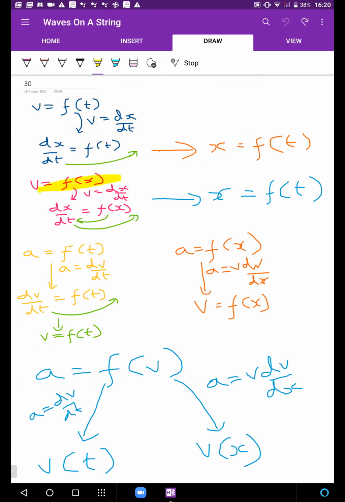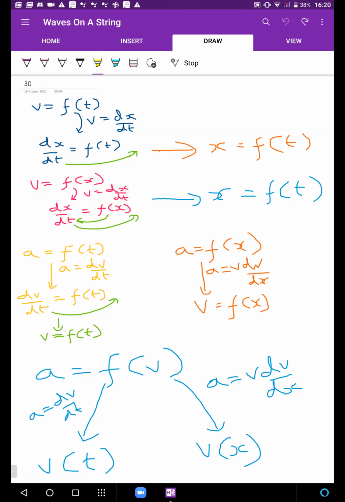Velocity is a function of x. You have to use again v is dx by dt, and you get dx by dt as a function of x, and rearranging it you can get again time as a function of x, basically a relation between them.